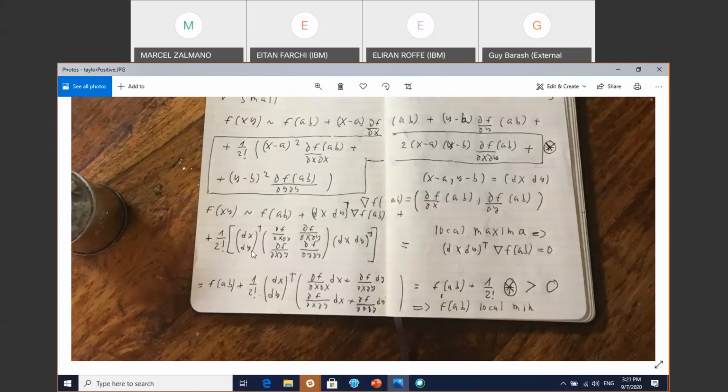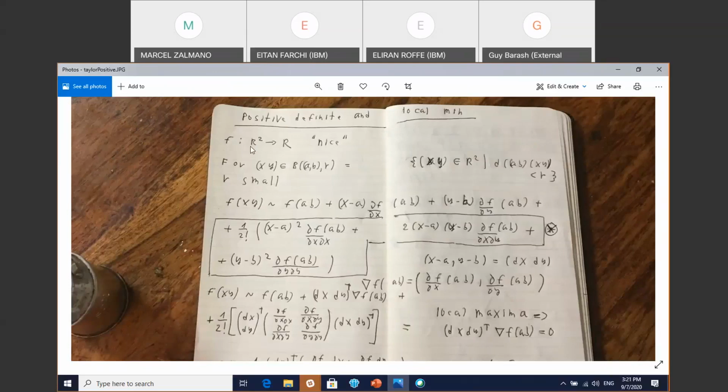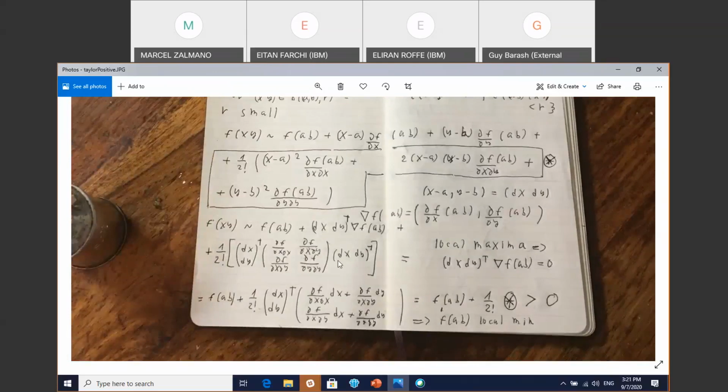Okay, let me do it more slowly. So if R2 is now R, let's see how things change here. This becomes just a number, I mean a dx, and this becomes a dx as well. And this is the second derivative, right?